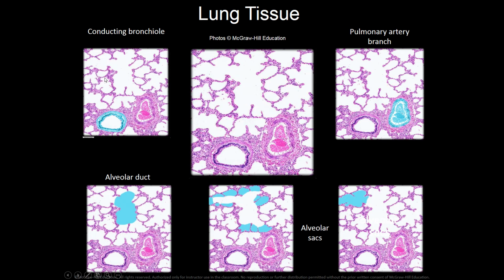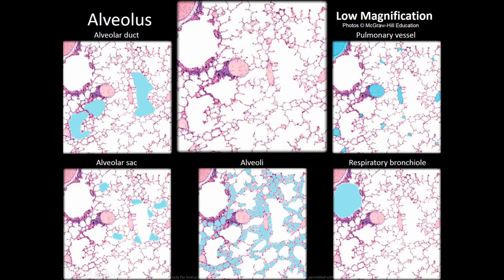This is a light microscopy of the lung tissue showing you a conducting bronchiole, an alveolar duct in here. So this is the conducting bronchiole, the alveolar duct in here, and then in here you have a branch of the pulmonary artery and the alveolar sacs surrounding this alveolar duct, and then the alveolus in here.